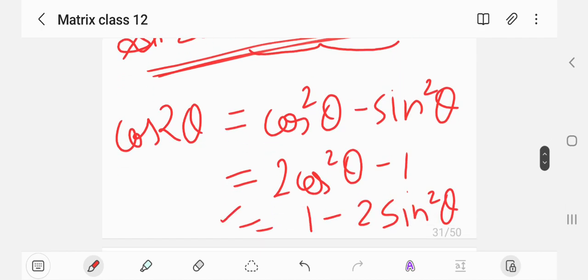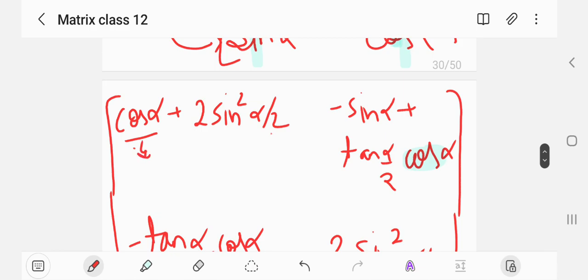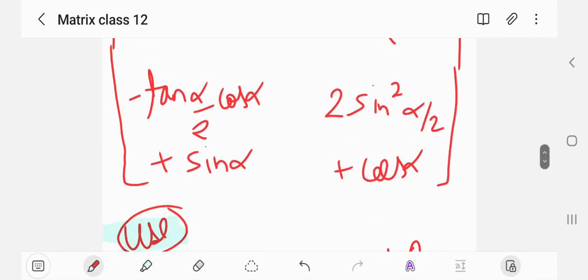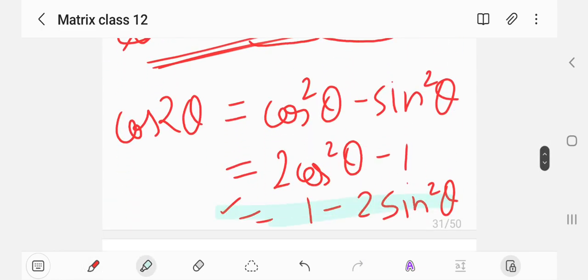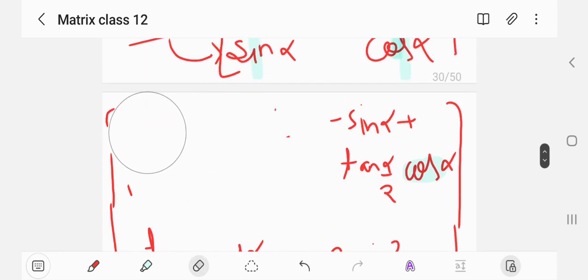This formula, then I will get 1 here, right? Because cos alpha can be written as 1 minus 2 sin square alpha by 2. How? By using this formula, right? So I can very easily replace this with 1. In this way, you need not memorize. You just simply have to look at what our aim is. Our aim is to reach 1, and we have reached 1.